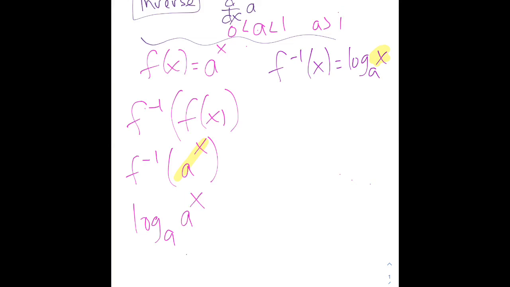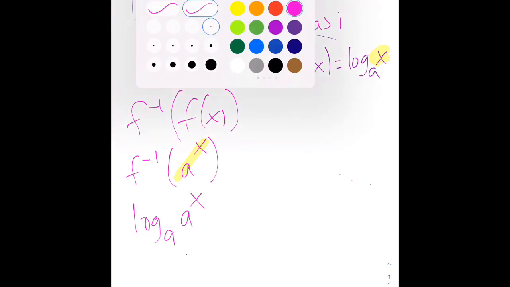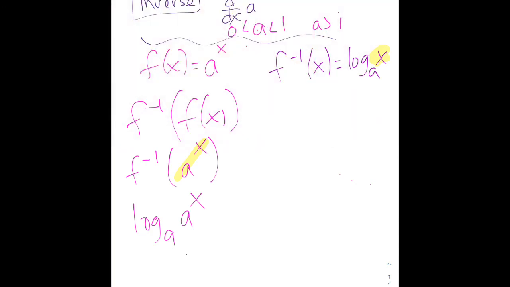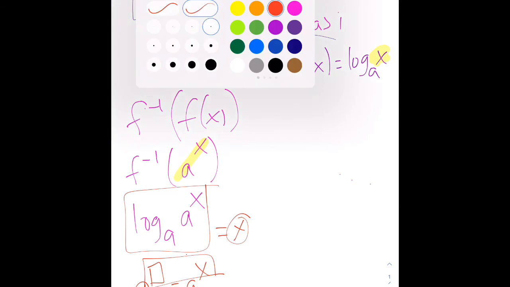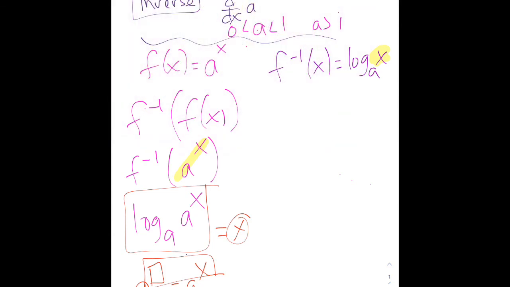Well, if I exponentiate this, it is very easy to determine that this indeed equals x because this statement is asking a to what power gives me a to the x. Well, doesn't that power have to be x? So that verifies.